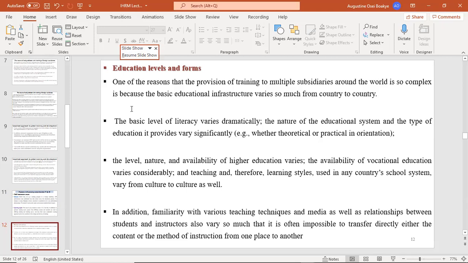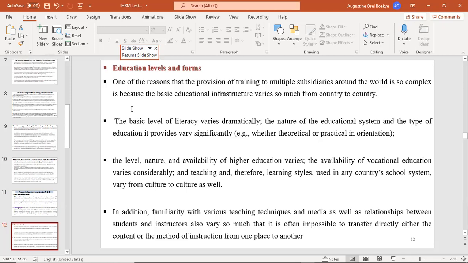And in terms of the infrastructure, the facilities or accoutrements that have been put in place to facilitate smooth education across the globe are not even the same. Okay, so this indicates that the basic level of literacy varies dramatically.